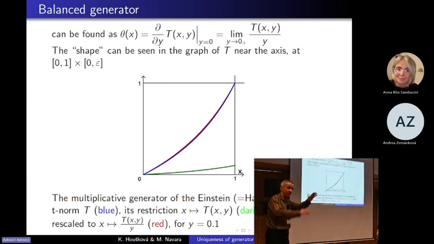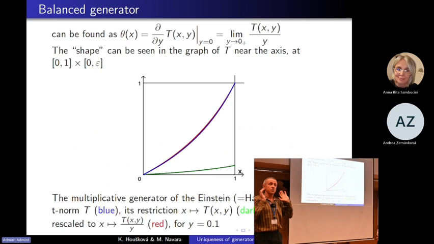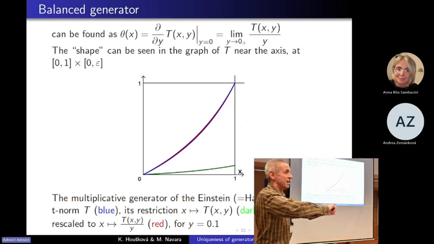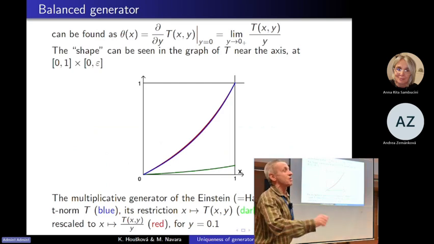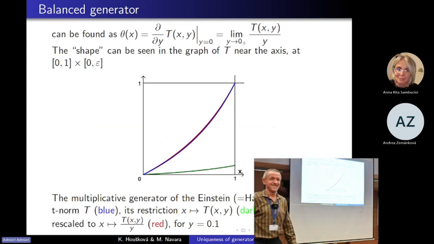So this is one of a collection of results in this direction, and they do not cover all cases, but they do cover all strict T norms which we found in the literature. So for any door which we encountered, we found a key. But we know that we do not have keys for all doors.